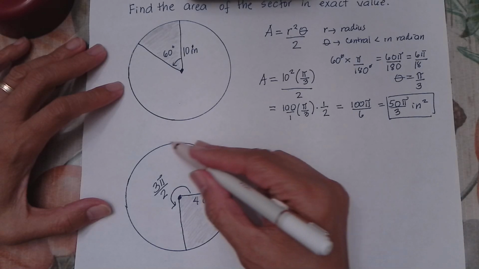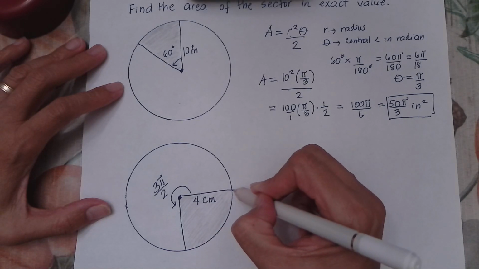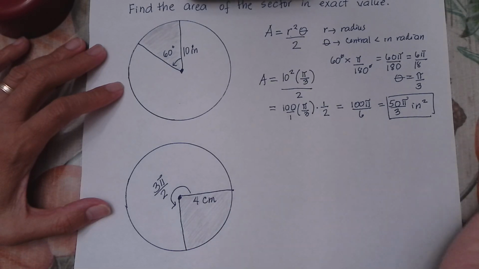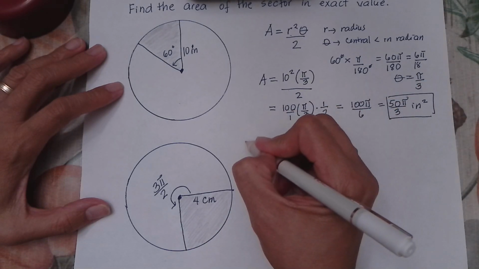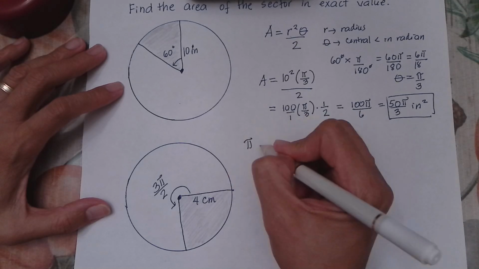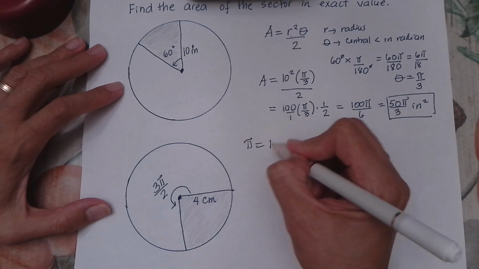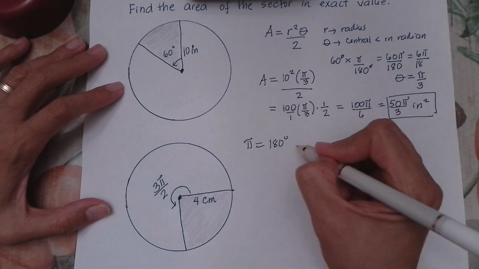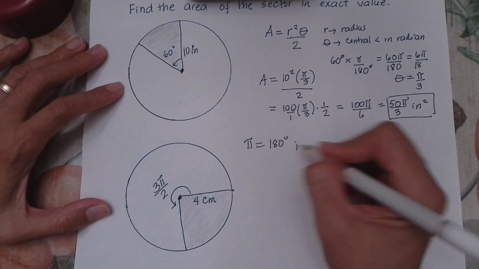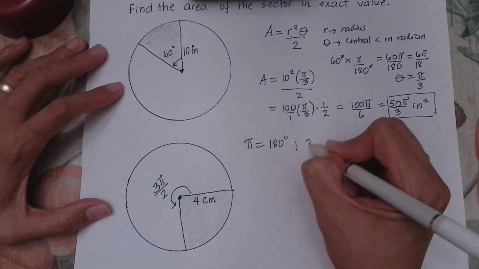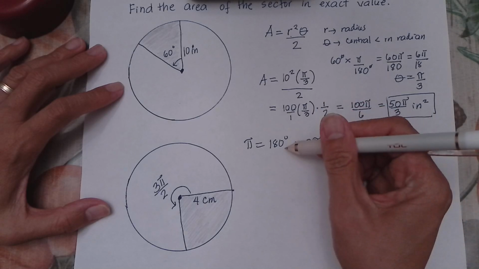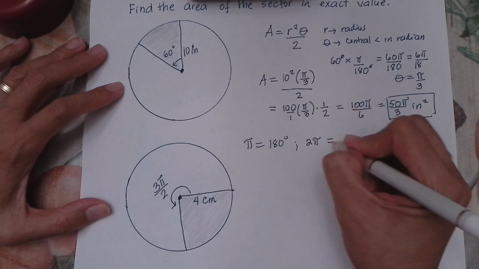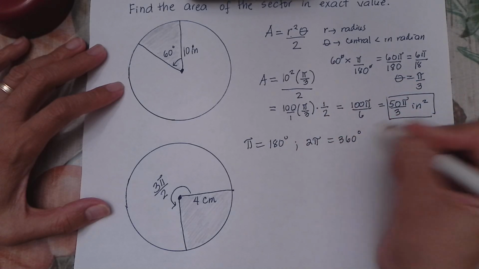So the whole circle, from here up to 1 revolution, can be expressed as 2 pi. Why? Because we know from our previous lesson that pi is equals to 180 degrees. Therefore, if you multiply pi by 2, that will become 2 pi, and 180 times 2 is 360 degrees.